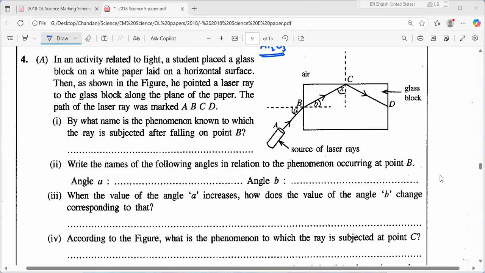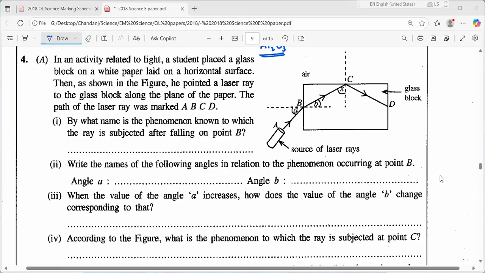Now the fourth one, it is grade 11, the ray diagram part. In an activity related to light, the student placed a glass block on white paper, and here the A, B, C, D places are there.